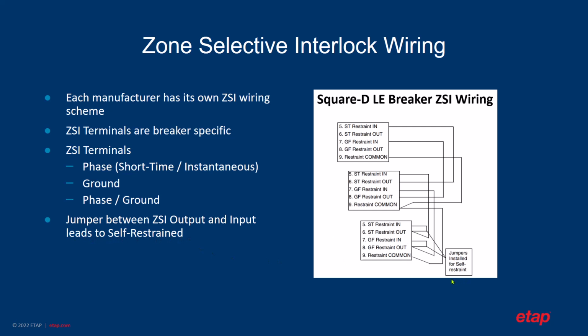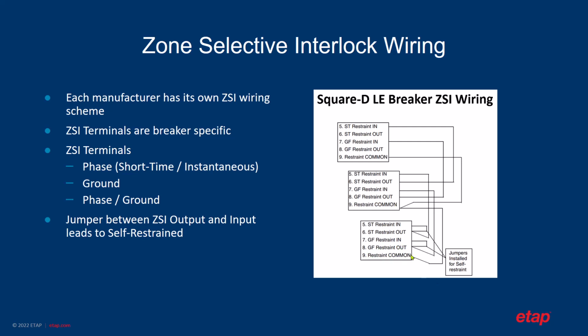On the right side, as you can see, this is an extract from Square D breaker wiring schemes. We have the short time restraint in and short time restraint out terminals. We have the ground restraint in and out terminals, and also a restraint common terminal.